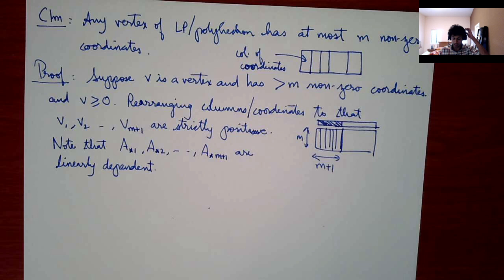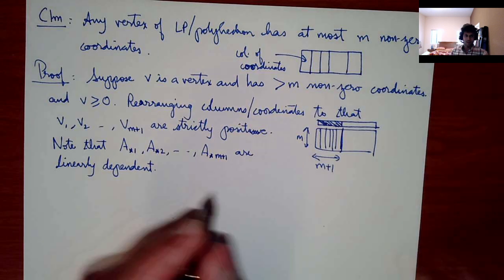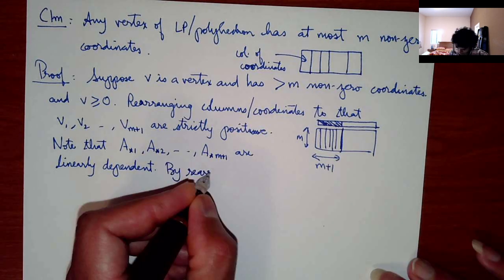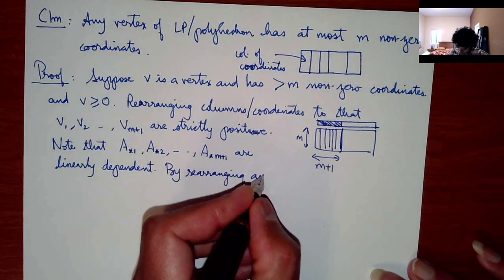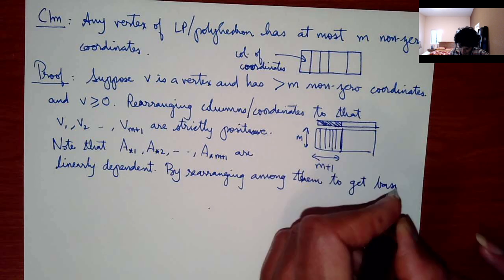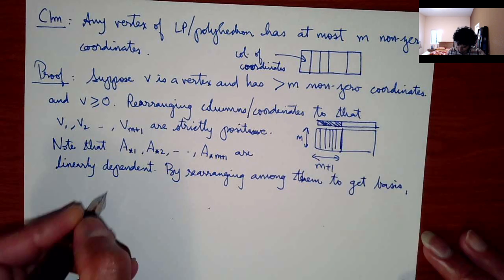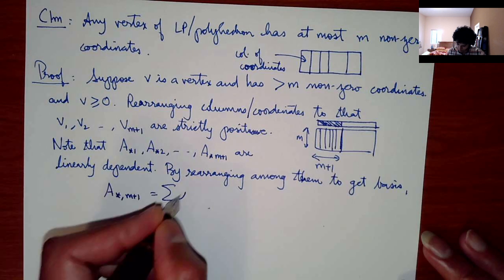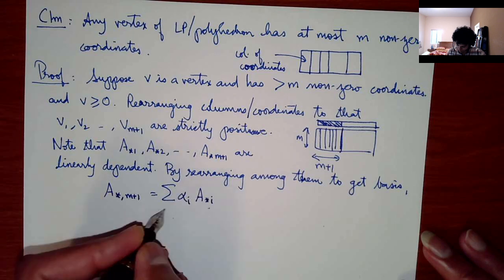And again, by rearranging among them to get a basis, I'm fudging the subscripts here, but I can assume that A_{*(m+1)} is a linear combination of A_{*i} for i going from 1 up to m.